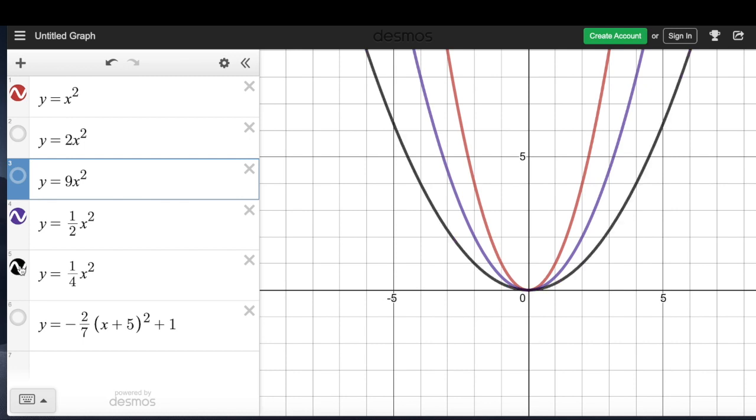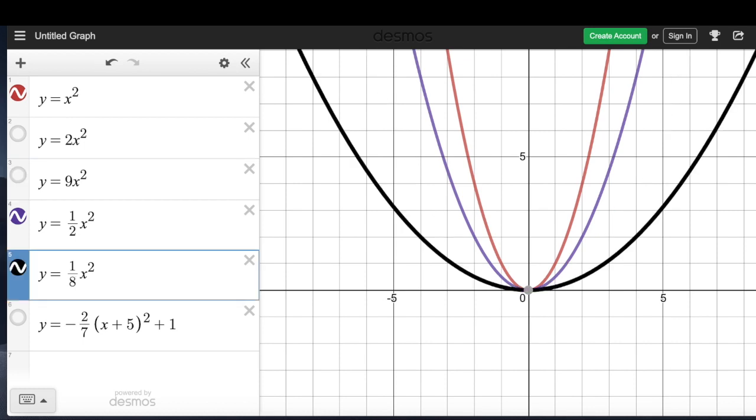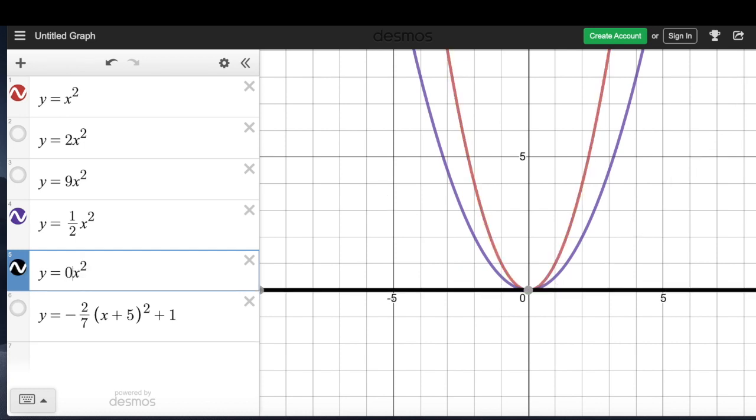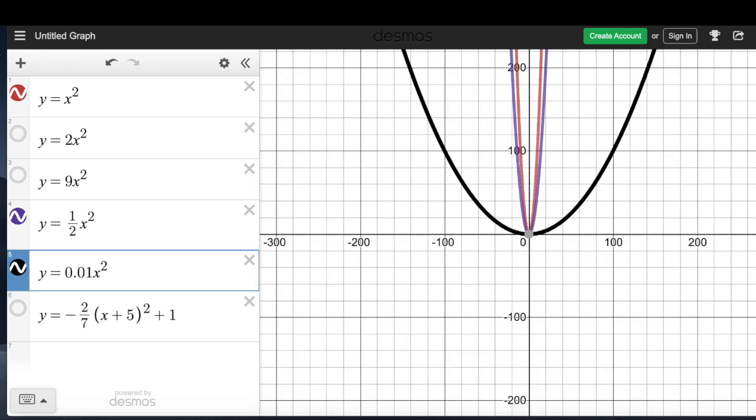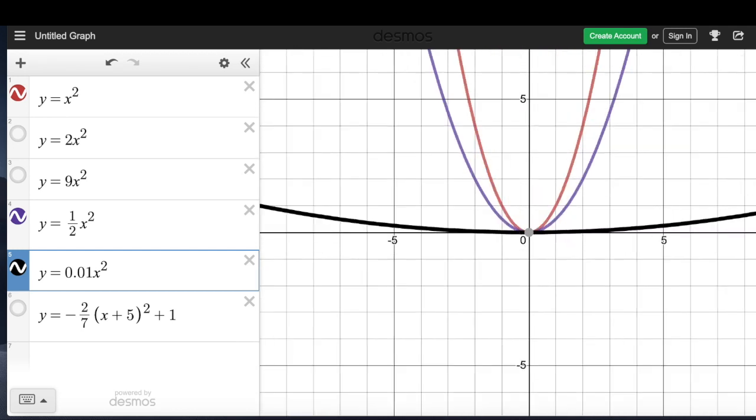And so you get an even wider parabola. I make that even a smaller value. 1/8 is smaller than 1/4. It gets even wider. It can be in decimal form. It doesn't have to be a fraction. 0.01, that's a really, really wide parabola. Still with its vertex at (0, 0), just really wide.